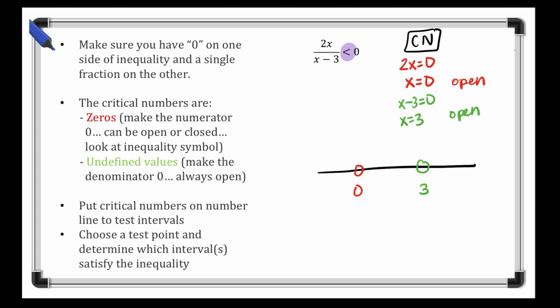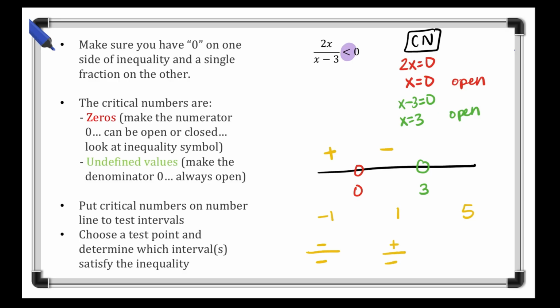So you're going to go ahead and test. So we can choose, let's say, -1. We can choose 1. We could choose 5. So we're going to take -1 times 2 is a negative, divided by -1 minus 3 is a negative. So negative divided by negative is a positive. When I do 1, I'm going to get a positive divided by a negative.